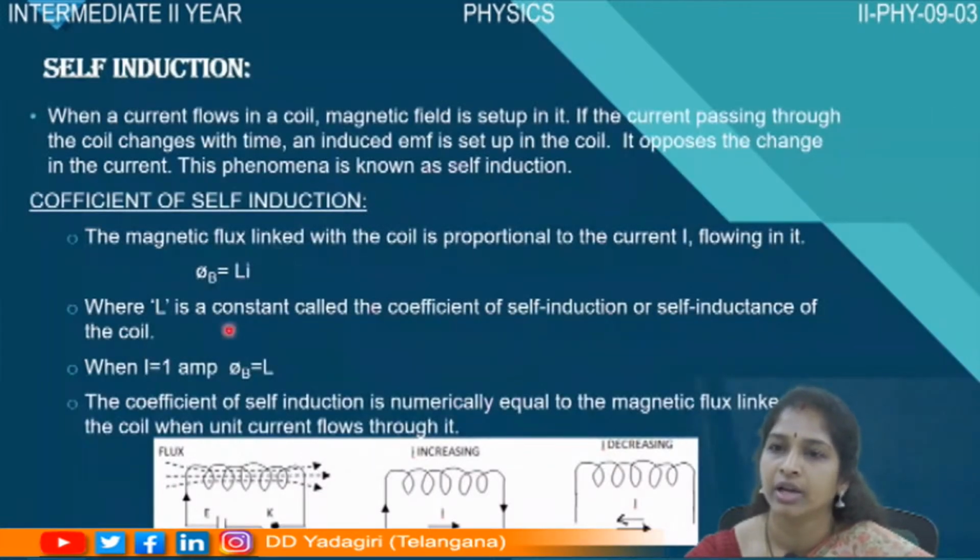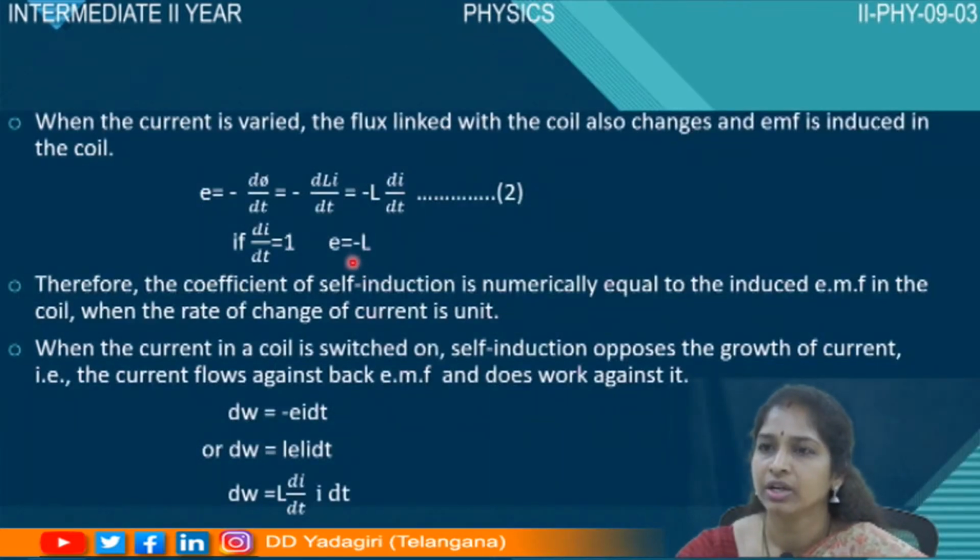You can see here, current is changing in this coil, so EMF is generated in the same coil. That is why it is called self-induction. So self-inductance is the EMF developed in a coil when the rate of change of current is unity in that same coil.